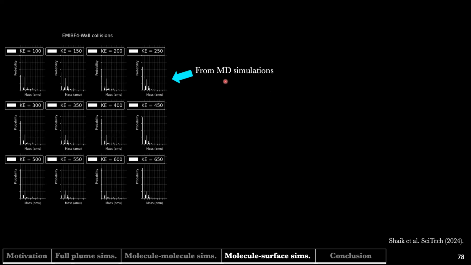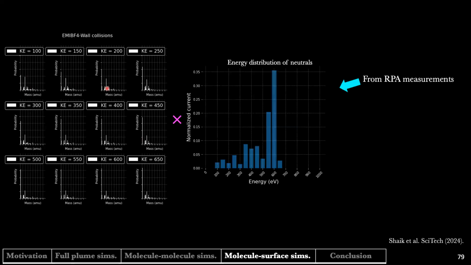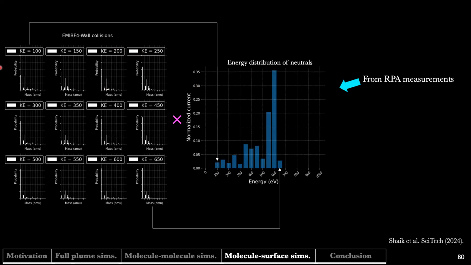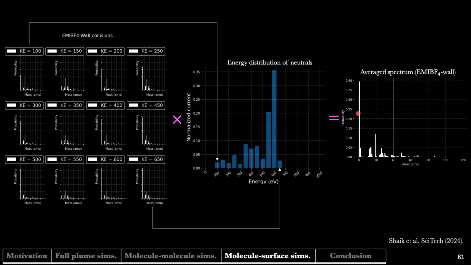So we use MD simulations to get the mass spectra of the byproducts of the collisions at different impact energies. And then we use the RPA measurements to get the energy distribution. So these two are for the neutrals, and then we multiply each mass spectrum by its corresponding probability, and then we get an average spectrum of EMI-BF4 wall collisions.